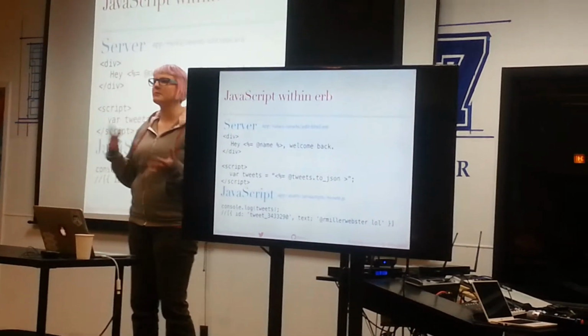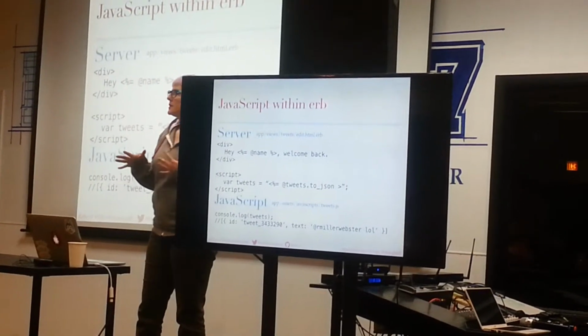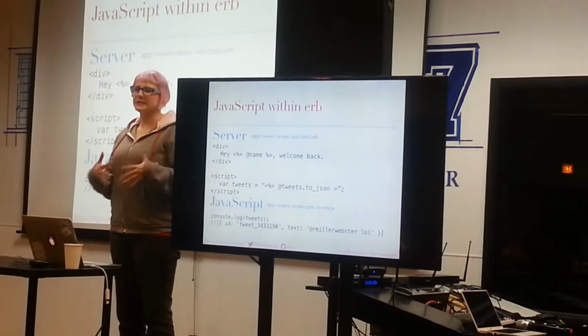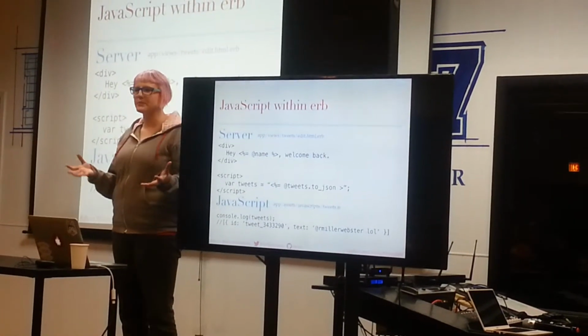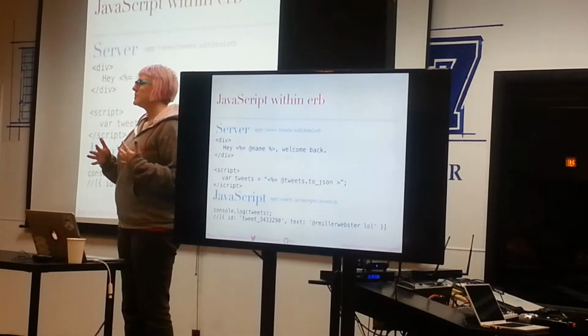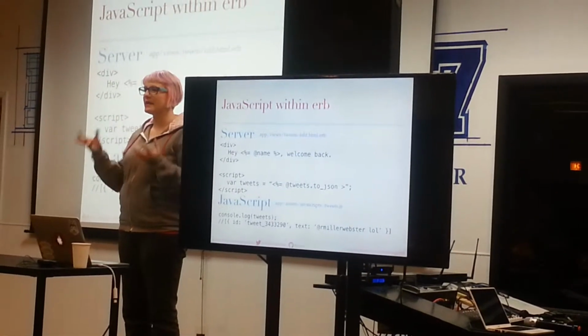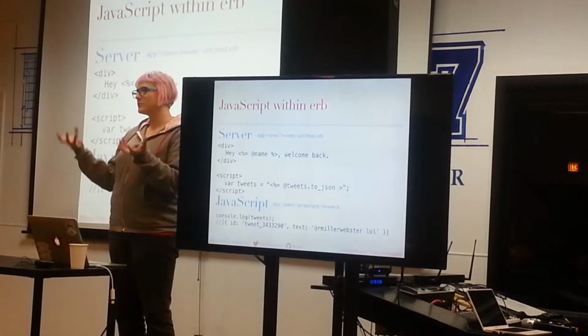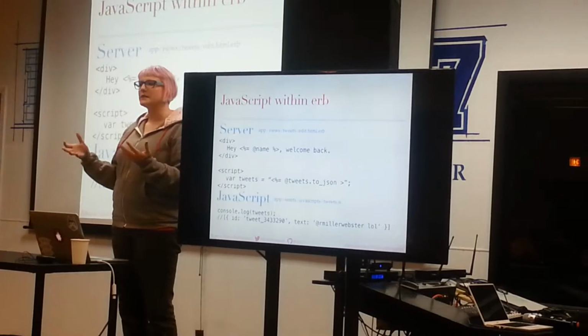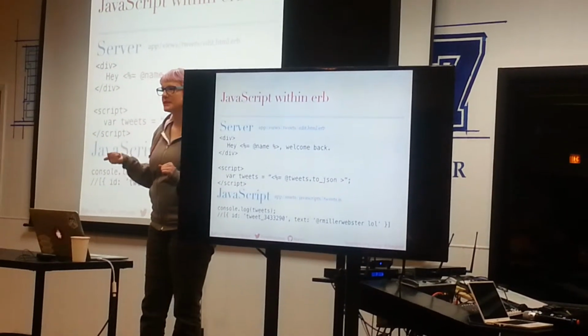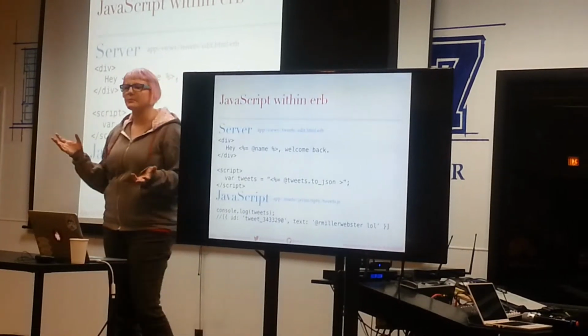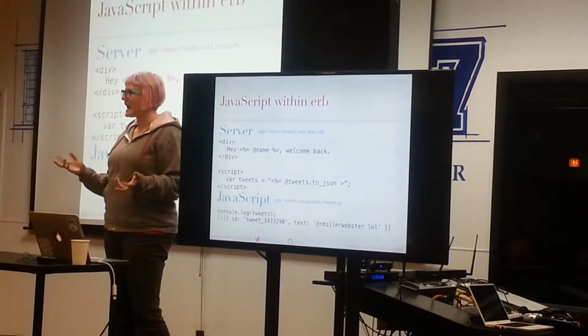But I think the thing that people often forget about is script tags are in HTML, which means when you're rendering your Rails templates in ERB, you can write a script tag, and then you can take any Ruby object and convert it to JSON. Ruby and Rails are pretty sweet, and they give us this to_json method for all ActiveRecord objects. Hashes have it.